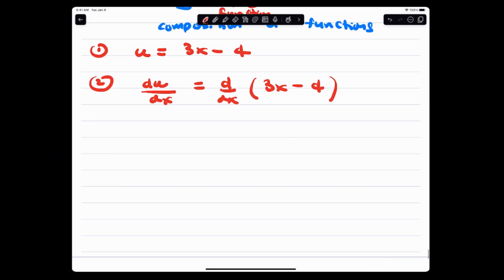Could you guys tell me what this derivative is? Isn't that 3? Is that easy peasy lemon squeezy? All right, so it's 3. Now, look at this really as a proportion.